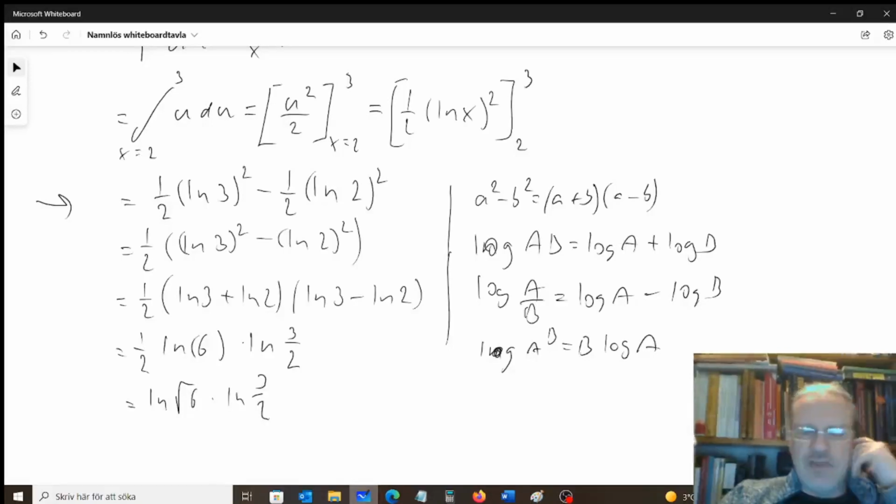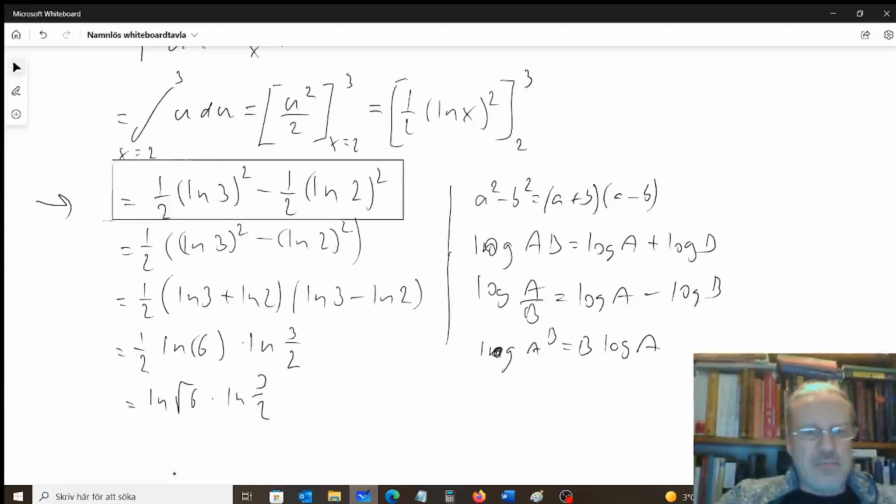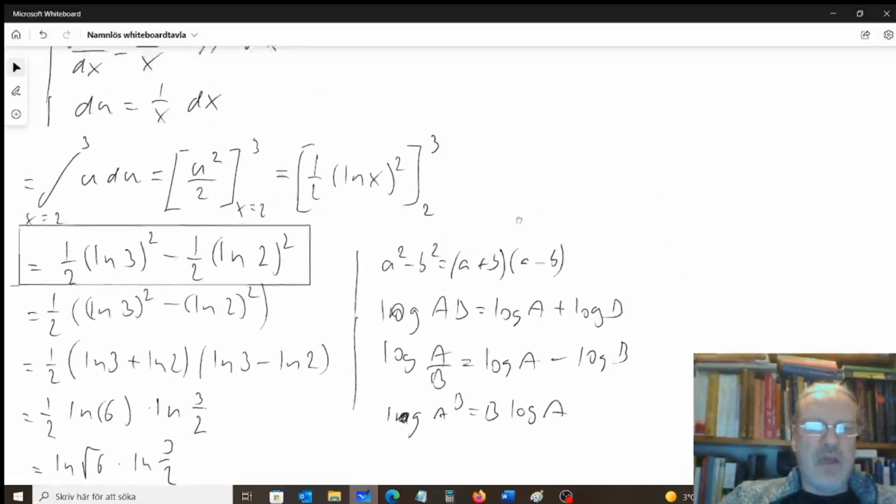So now we have the result as a product of two logarithms. So that is one way to do it. But as I said, if the question was just find an answer, then this is already an answer. But if the question is find it as a product of two logarithms, then the answer we have further down is our answer.